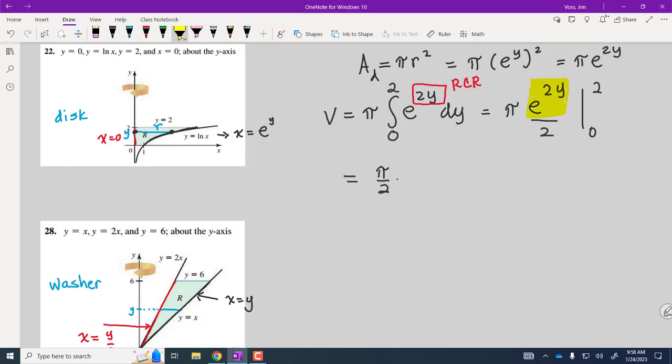So it's going to be pi over 2 multiplied by the antiderivative part here that I'm looking at the upper limit, which will be e to the 4, minus e to the 0. And e to the 0, of course, is 1. So this will be pi divided by 2 multiplied by e to the 4 minus 1. So that will be our answer.